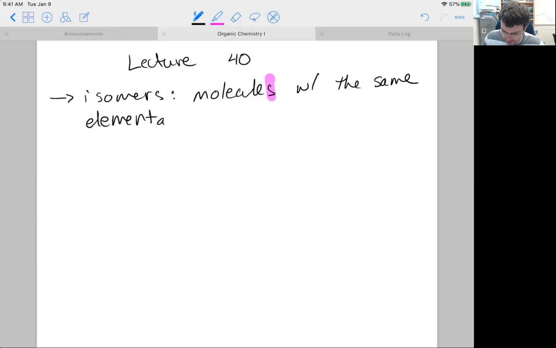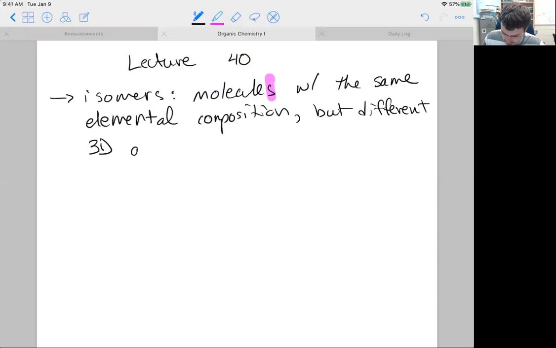They have the same elements, but different 3D arrangements of their atoms, because it's plural.